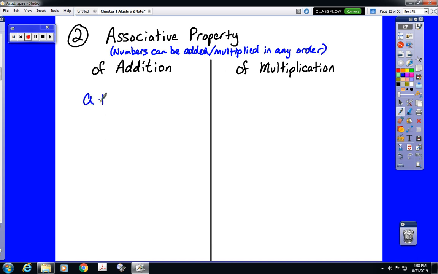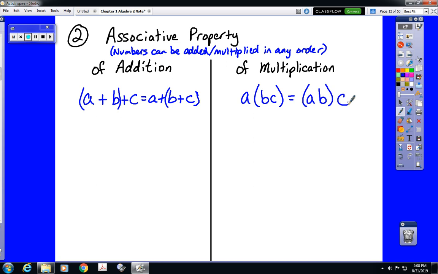So for addition, what it is saying is that it doesn't matter whether we add A and B first or B and C first. We'll get the same answer either way. So the quantity A plus B plus C is equal to A plus quantity B plus C. And the same thing applies to multiplication. If we have three values being multiplied, it doesn't matter which order we multiply them in. We can multiply the first two or the second two, and it will give us the same result either way.